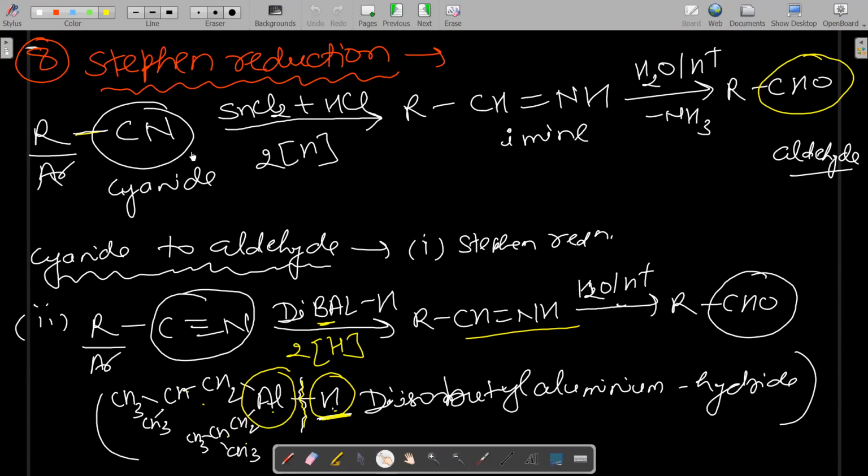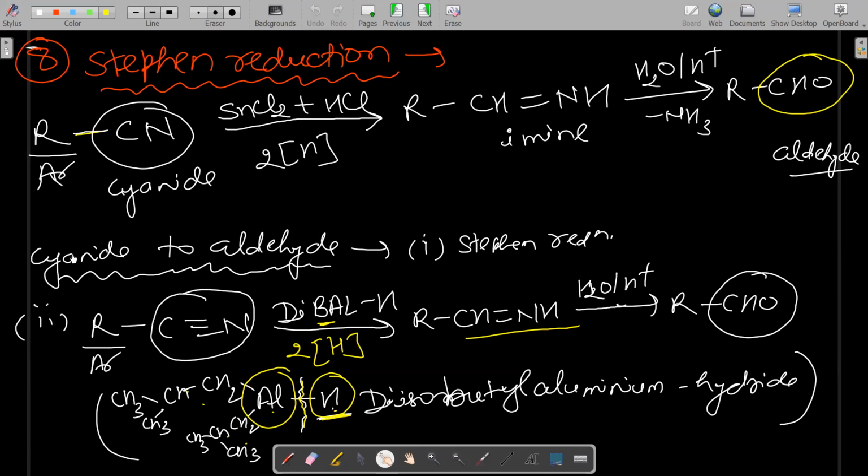And these two hydrogens are used to reduce cyanide. One hydrogen adds to this carbon and one hydrogen attaches to the nitrogen. And hence there is a formation of CH double bond NH that is called imine. This is the intermediate compound, which is followed by hydrolysis to form aldehyde.